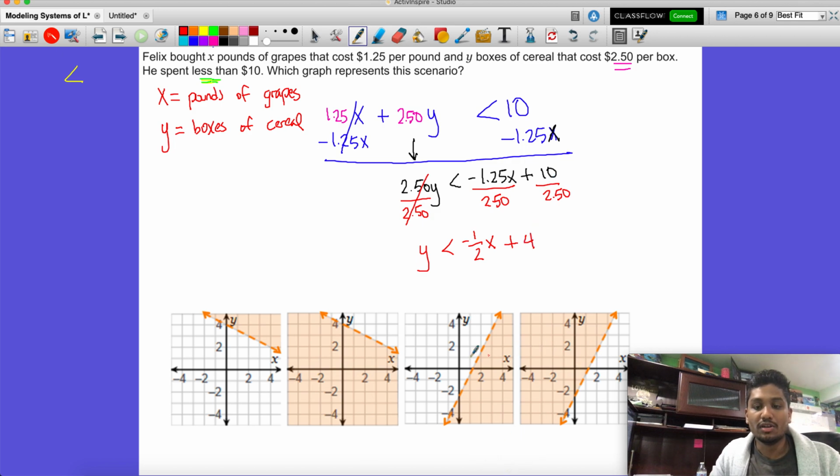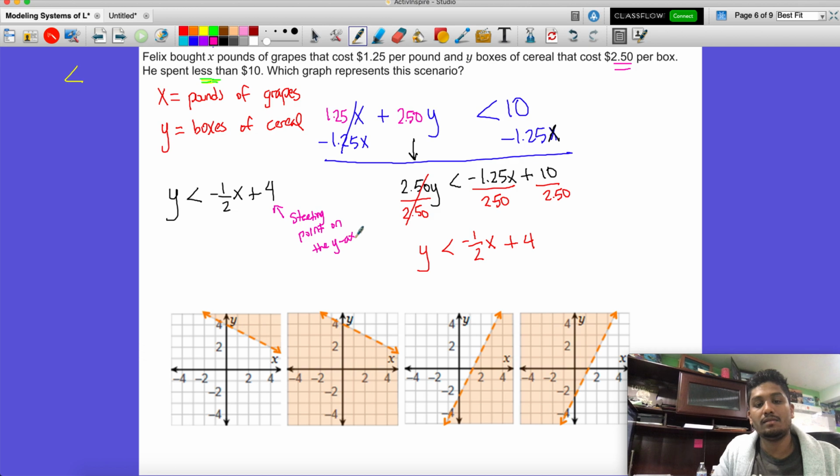Right? And now you're looking down here. Now, this is a lot to look at. So before we do that, how about if we not look at the graphs and instead we break it down on our own, because if you look at the graphs, it'll be so much to do. So let's see, what does this tell you? This is the starting point on which axis? On the y. So we're going to start here first. We're starting at 4.